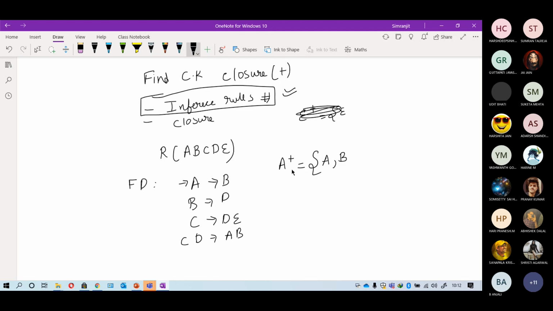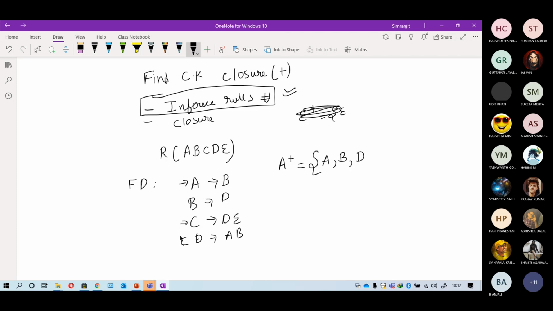Again, check: is this B in your set? Yes, it exists in my set. What is this B deriving? It is deriving D, so include this D in the set. Now check the left hand side, is C in your set? No, C is not in my set, so I cannot derive DE. Leave it. Is CD in my set?